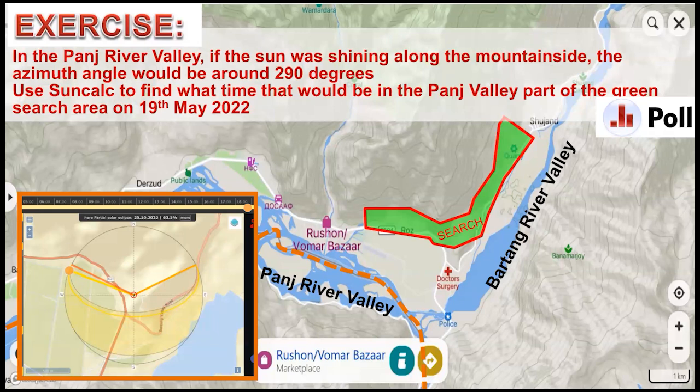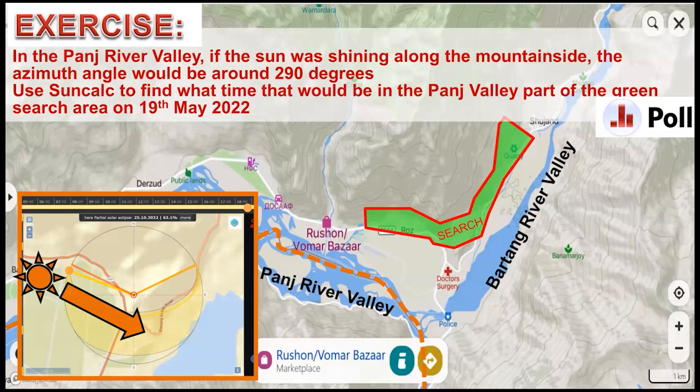So we remember the shadows were almost shining along the mountainside. They were coming from the left. So we can now hypothesize, well, if we're in the Panj River Valley, the sun would be shining in one particular direction, wouldn't it? So it'd be more like this.